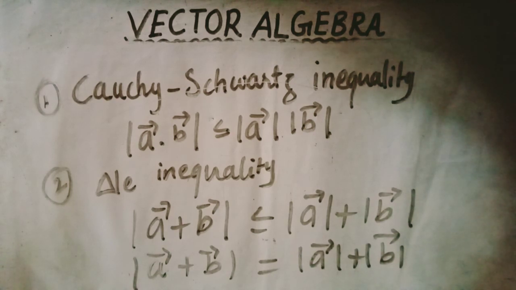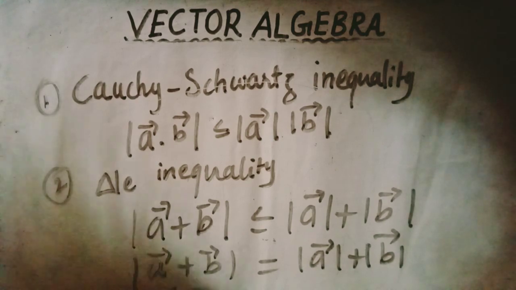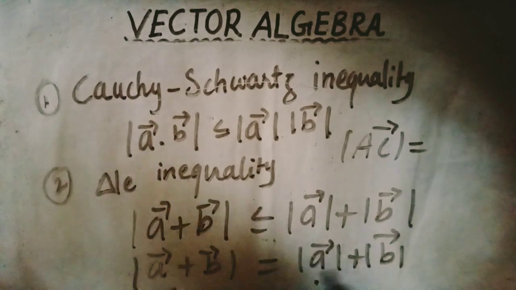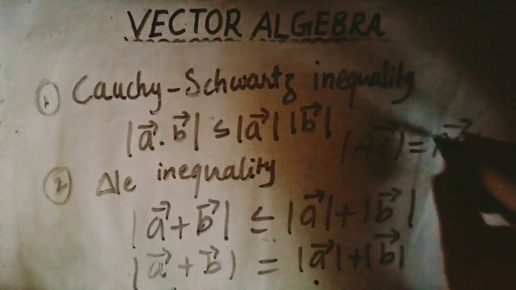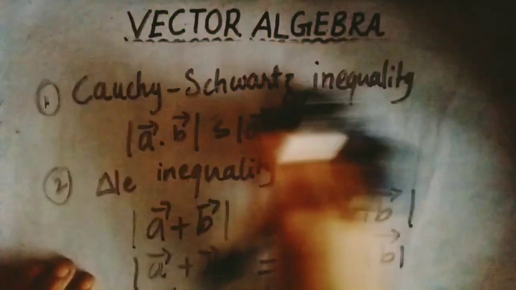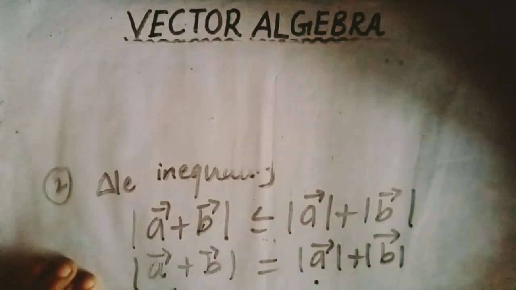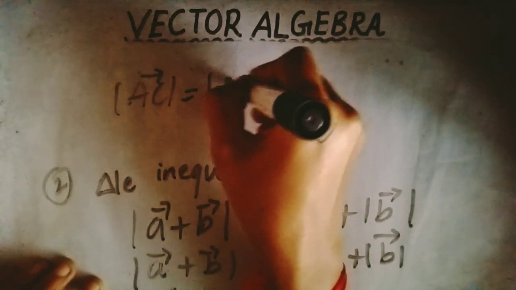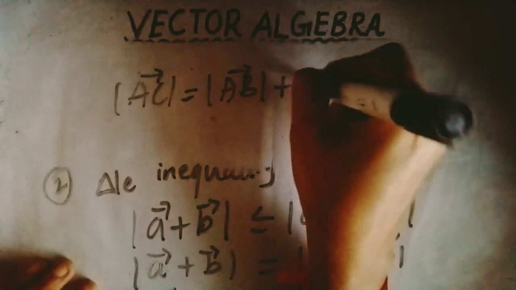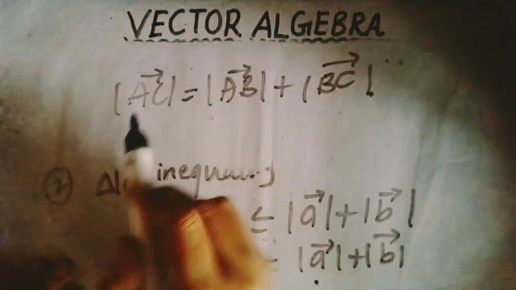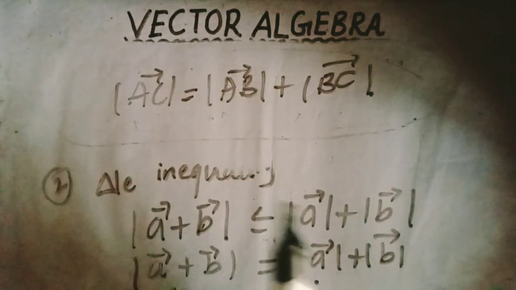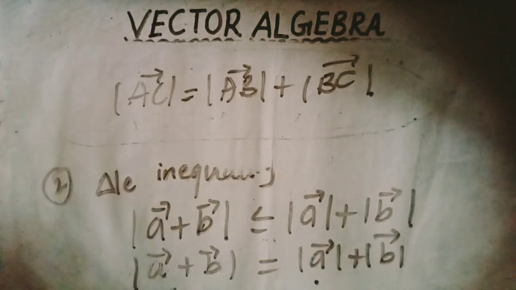That is, AC vector equals AB vector plus BC vector. So we can prove that if this is true, then we can say that points A, B and C are collinear.